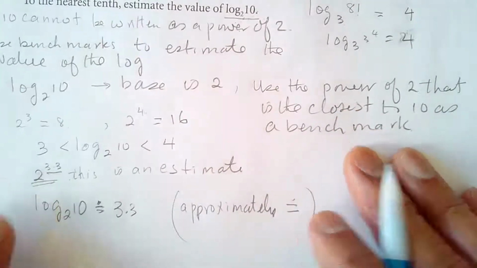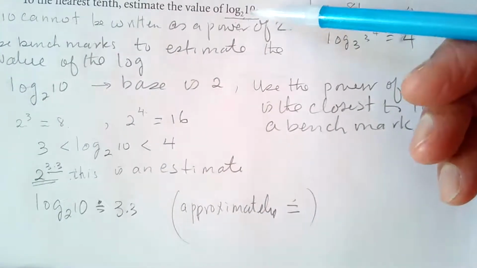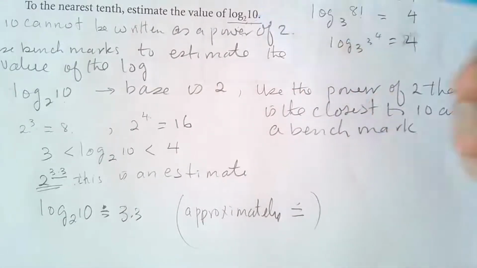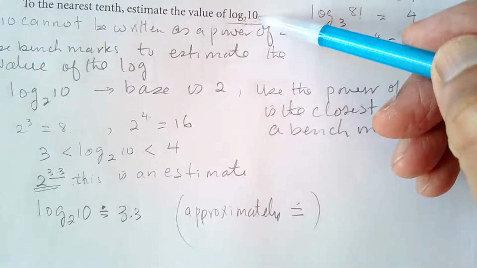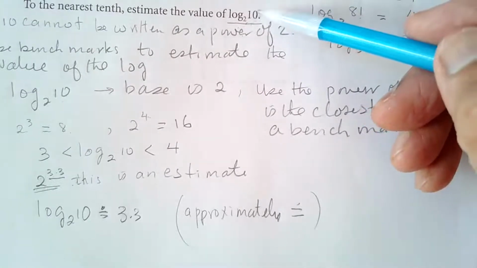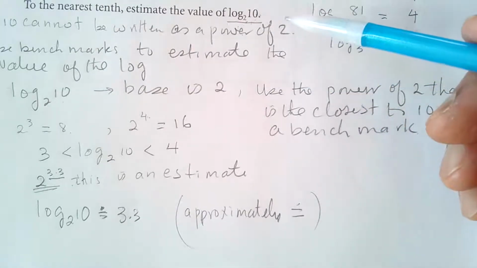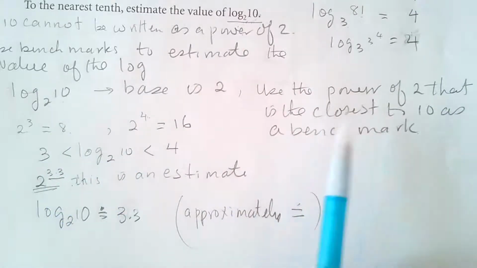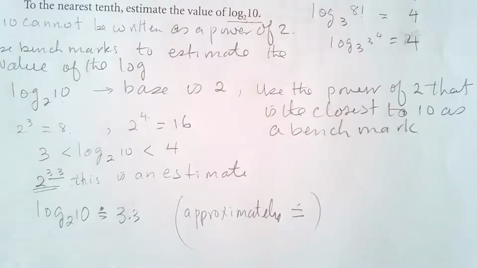So the process is, number one, we find out first if we can write 2 to the 10. In this case, 10 is not a power of 2. Since we cannot use a benchmark, we use the power of 2 that is closest to 10, closest possible.